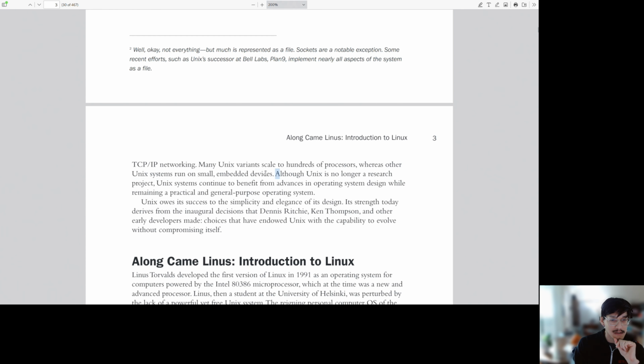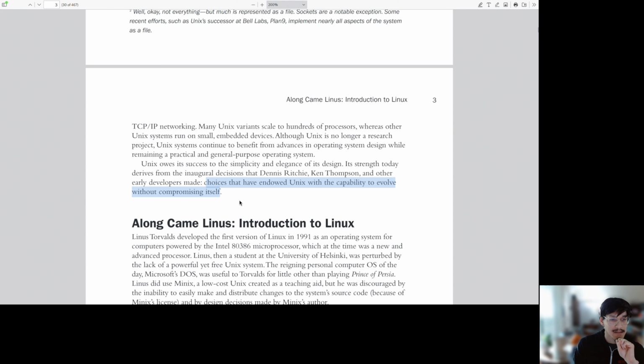Although Unix is no longer a research project, Unix systems continue to benefit from advances in operating system design while remaining a practical and general-purpose operating system. Unix owes its success to the simplicity and elegance of its design. Its strength today derives from the inaugural decisions that Dennis Ritchie, Ken Thompson, and other early developers made, choices that have endowed Unix with the capability to evolve without compromising itself.